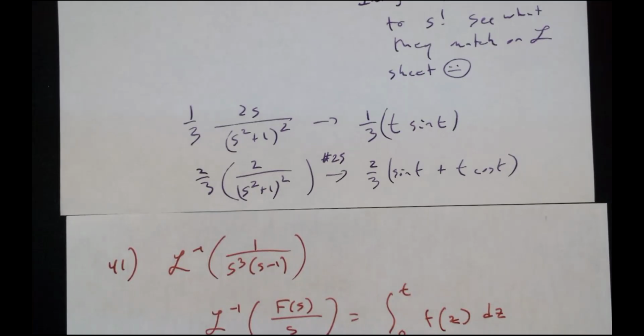Okay. This is an s cubed. So let's just start with an s and then do an s squared and then do an s cubed. I build them up this way.